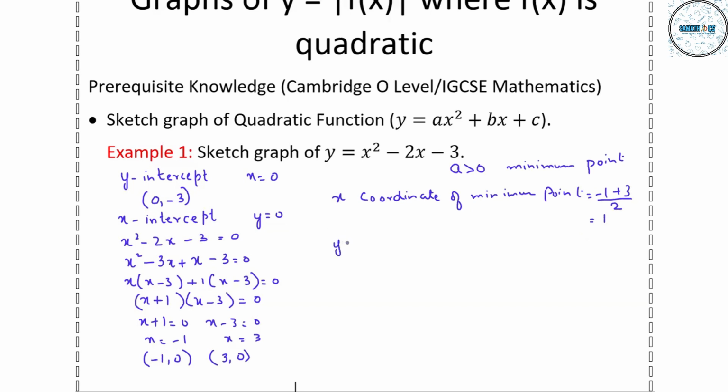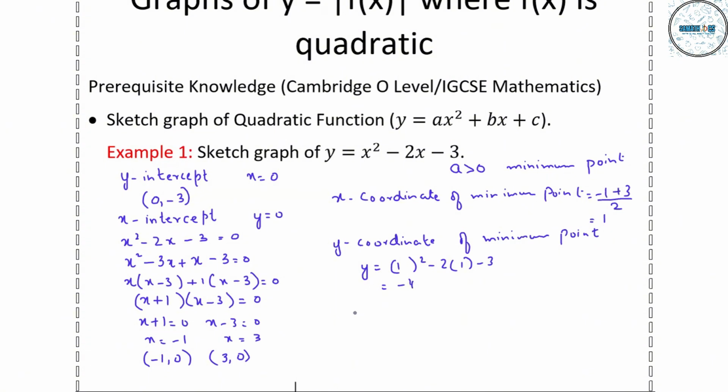For y coordinate of the minimum point, we have to substitute this value of x in the equation which is given in the question. 1 squared minus 2 into 1 minus 3, which is equal to minus 4.